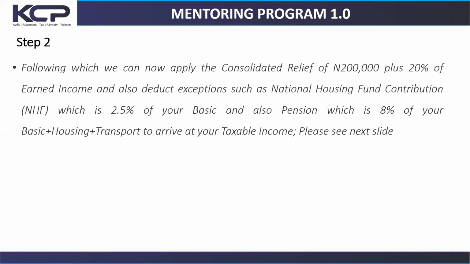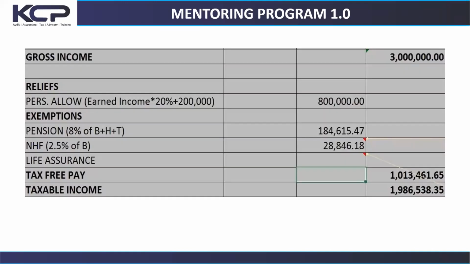The second stage is where we can now apply the consolidated relief. The consolidated relief allowance, you and I know, is 20% of your gross income plus 200,000, right? So how do we calculate 20% of your gross income? You have to identify your gross income first, right?